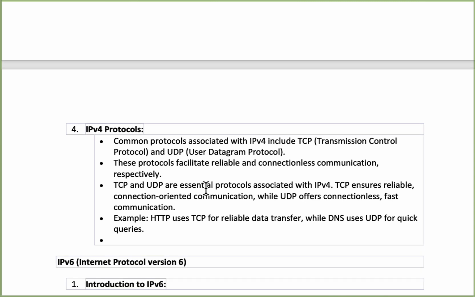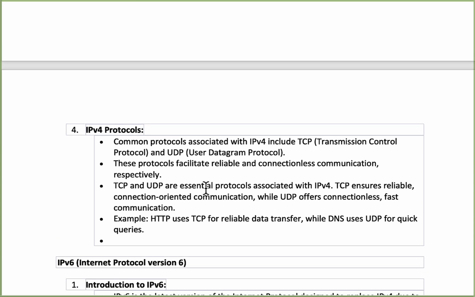Now, IPv4 protocols. When you're dealing with IPv4, the common protocols in this space are TCP, which is Transmission Control Protocol, and UDP, which is User Datagram Protocol. TCP is a connection type protocol, which has a handshake: you have the SYN, the SYN-ACK, and then you create this connection between two points.